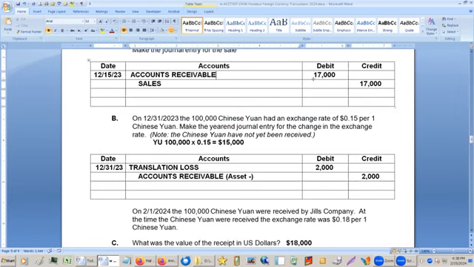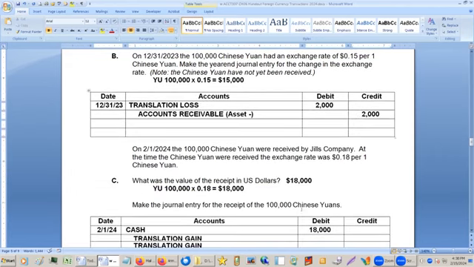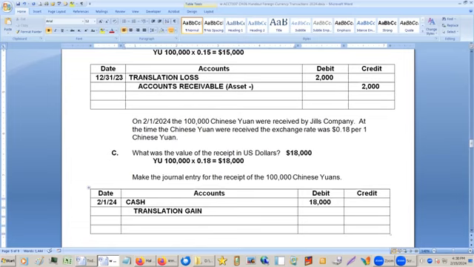Actually, it's going to be more. We had accounts receivable on the books for 17,000. We took off 2,000. So the accounts receivable is now down to 15,000. So 3,000 then for the gain. Yep.